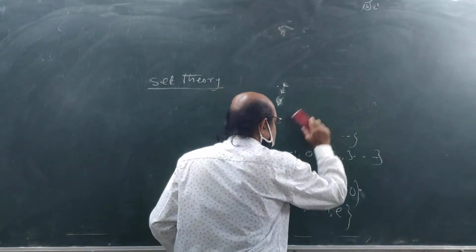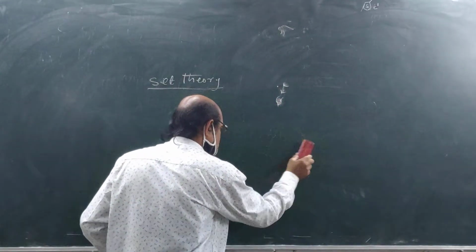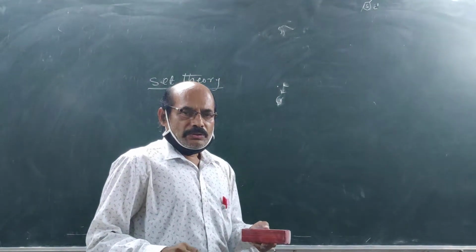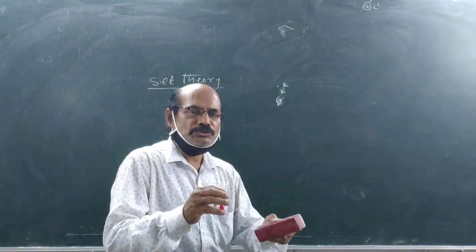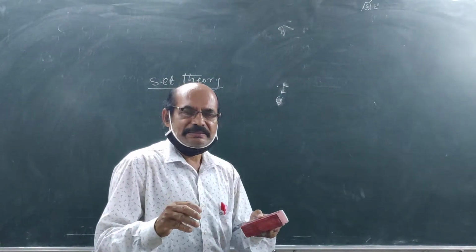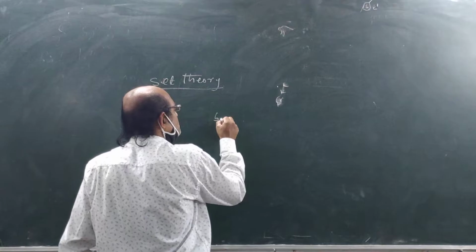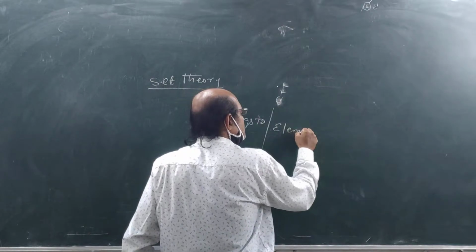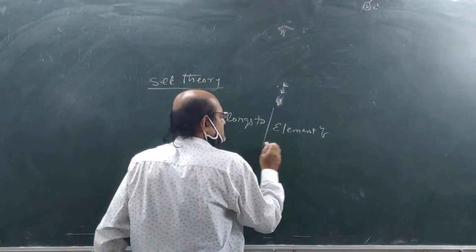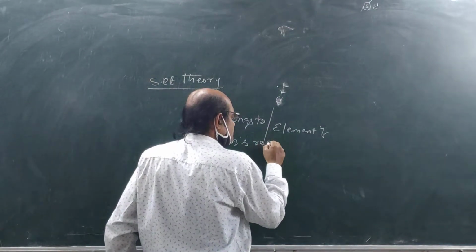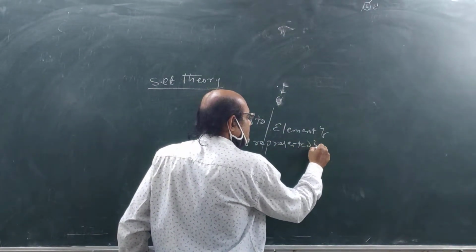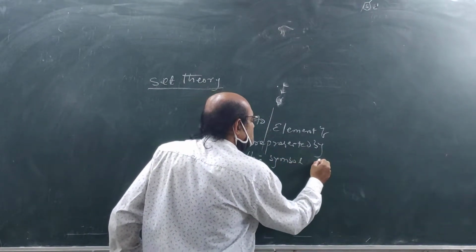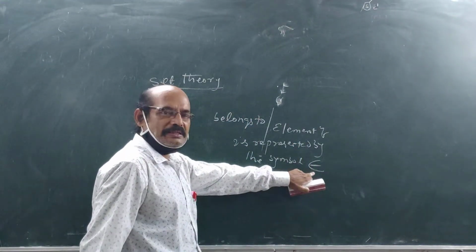Now proceeding further, if an object belongs to a set, how do we represent this by means of a symbol? Belongs to, or element of, is represented by the symbol ∈. This is known as element of.